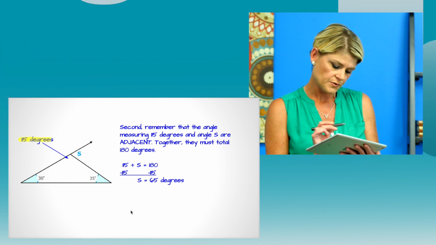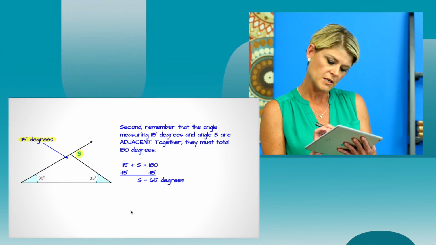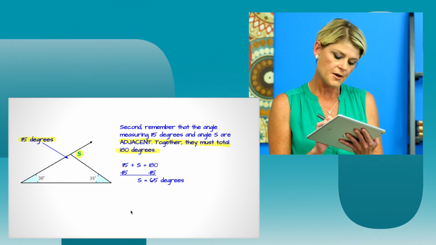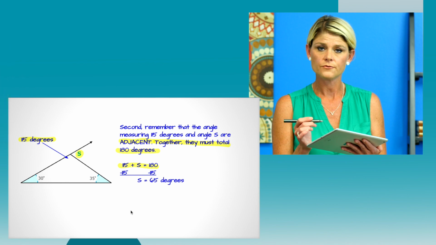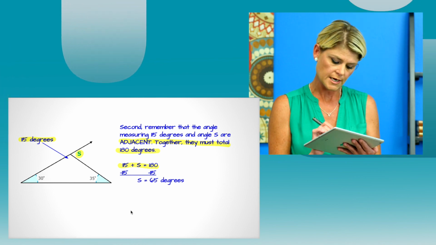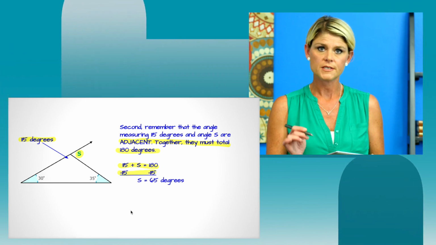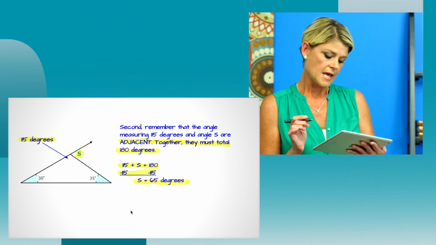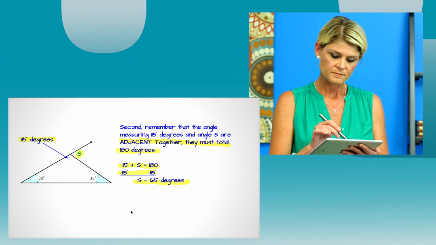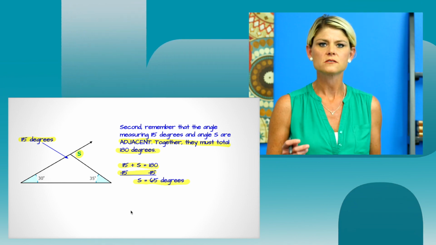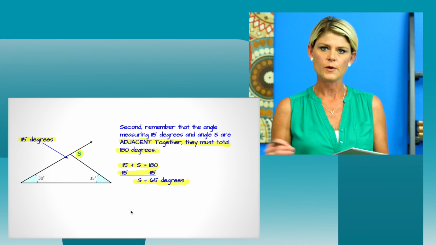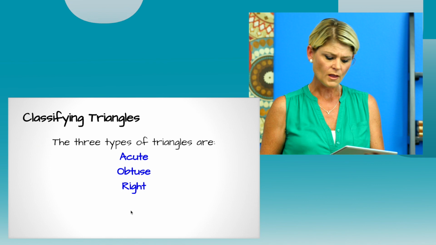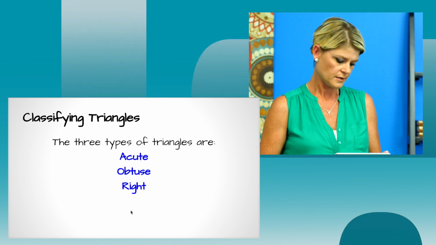If this is 115, and we need to know what S is, because they are adjacent, together they must total 180 degrees. 115 degrees plus S equals 180. Subtract 115 from both sides. We want to isolate the variable, or the angle, and S is 65 degrees. So it's kind of like a puzzle. You just work with the information that you have and go through almost like a logic puzzle, trying to make deductions as you go along and come to an answer.